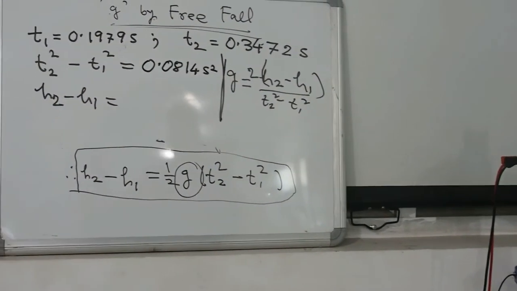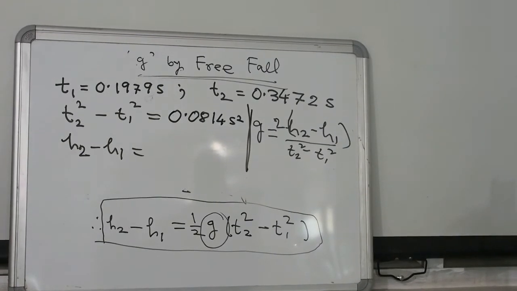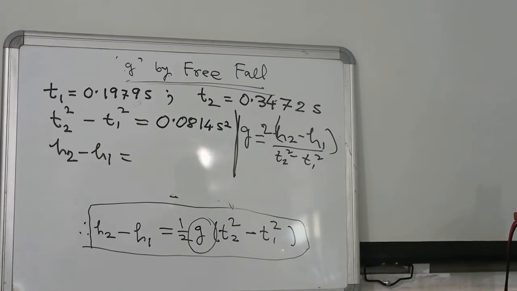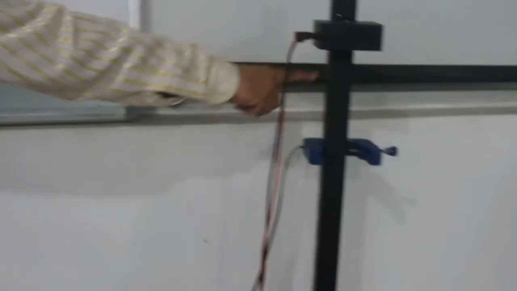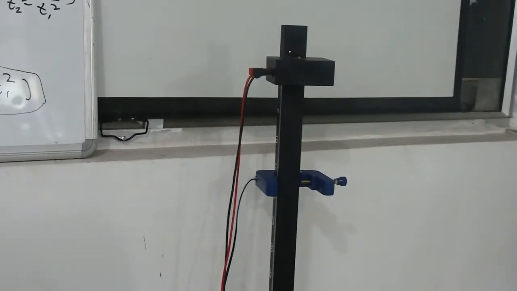For h2 minus h1, one scale is attached with these photogates, and the photogates are attached to this scale.